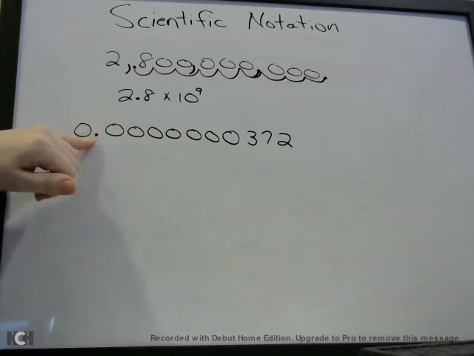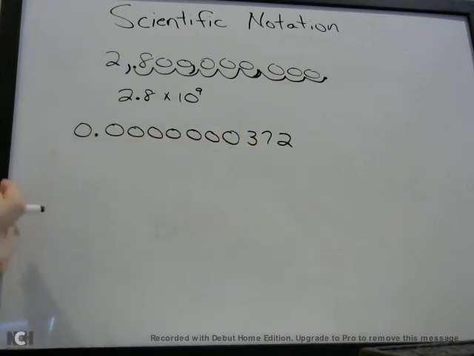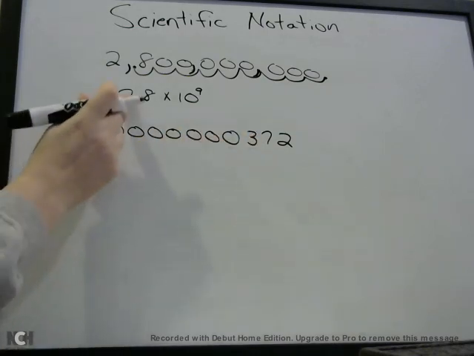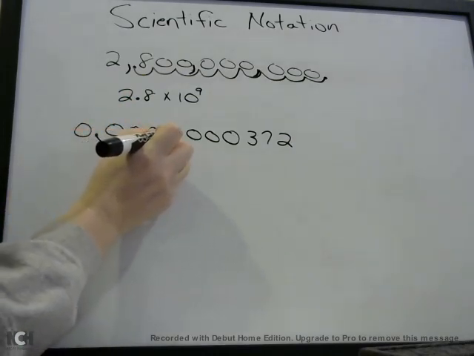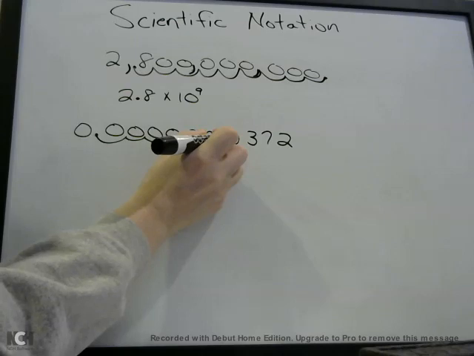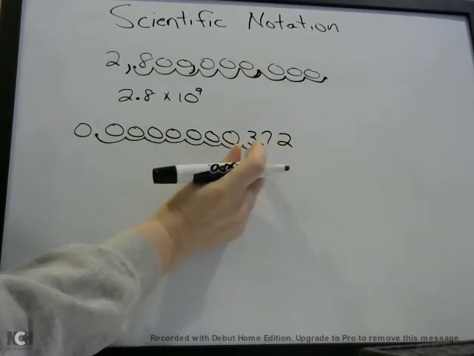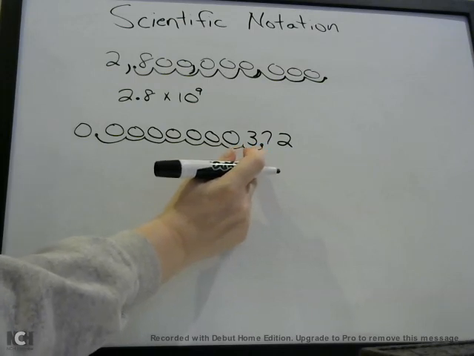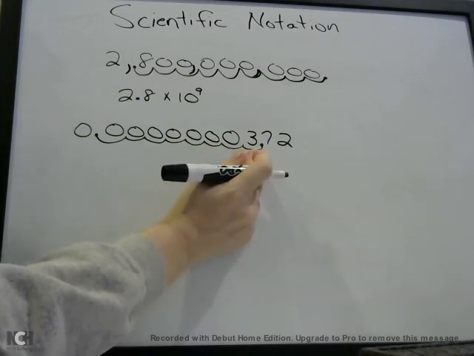And so here we have to move it to the right in order to get a digit between 1 and 10 to the left of the decimal point. So we're going to move it 1, 2, 3, 4, 5, 6, 7, 8. When we've moved it to the 8th position, we now have a digit other than 0 to the left of the decimal point. So we're going to stop.